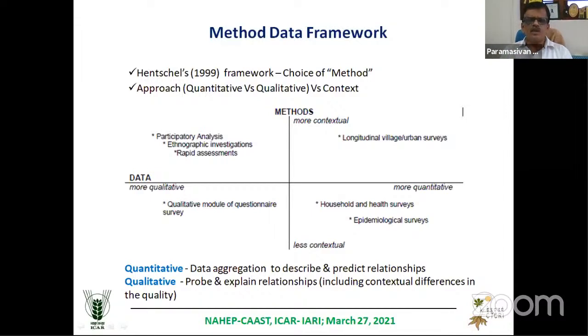But if you want to make more generalization, you cannot focus more on contextual information. You want to be less contextual unless and until you get a sufficient number of samples. So you come down there. You will see a qualitative module of the questionnaire survey, which has open-ended questions or semi-structured questionnaires. Those questions are more qualitative and less contextual.